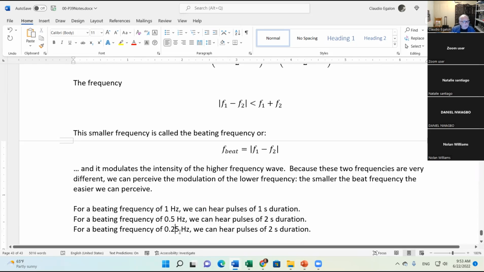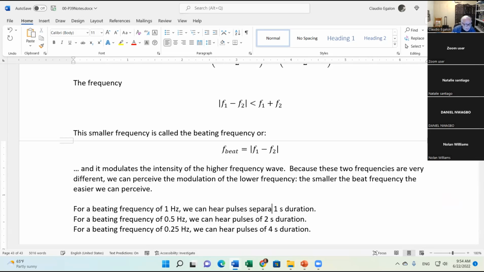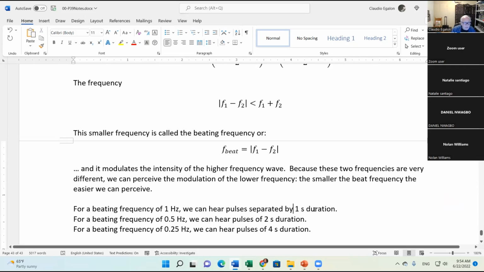For a beating frequency of 0.25 hertz, what do we mean? A difference in frequency of 0.25 hertz, we can hear pulses separated by 1 second. That would be a better way, separated by 1 second. It's not that the pulse has 1 second of duration.